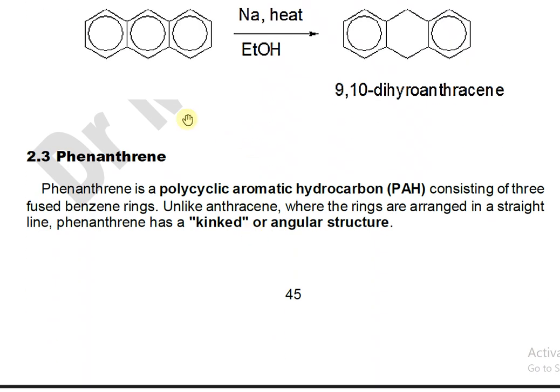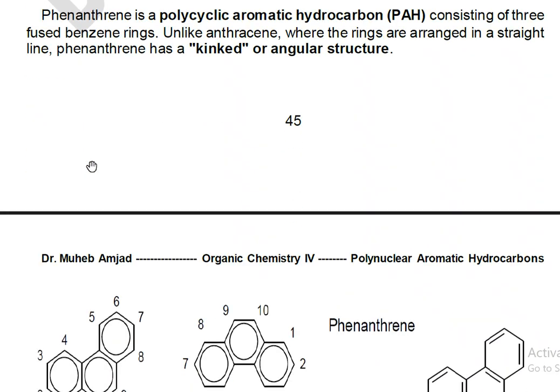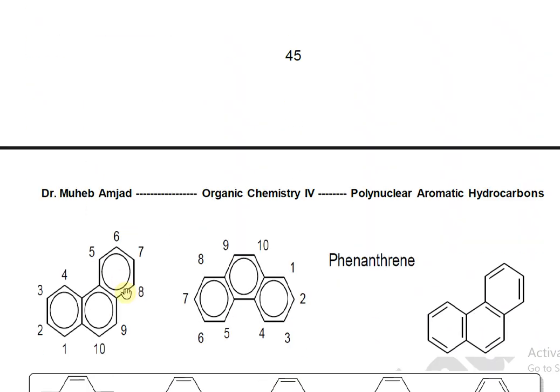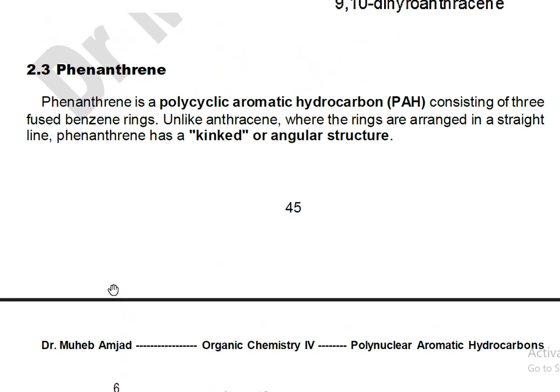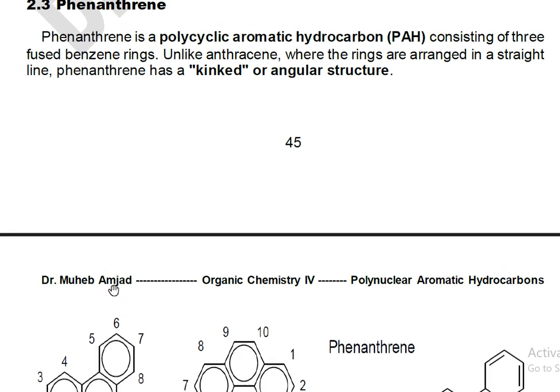The third type of polyaromatic hydrocarbon here is phenanthrene. Phenanthrene also consists of 3 cycles, but not linear like anthracene.